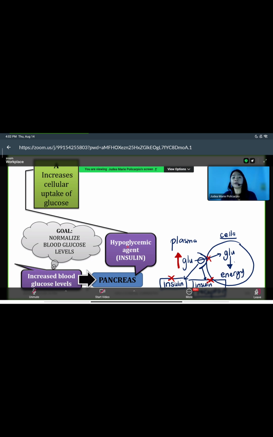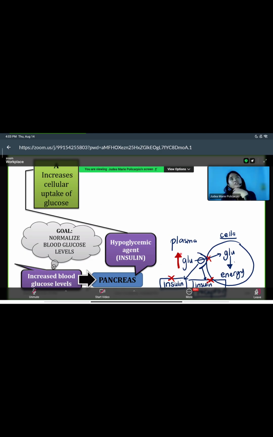Okay? Pero either way, yan pala yung unang action ng insulin, no? If everything goes well naman, makakapasok naman si glucose sa loob ng cell natin. Okay? Ang nagiging problema lang talaga is minsan pag wala kang insulin or pag defective yung insulin receptor. Okay? Pero yan yung dalawang requirements so that your insulin would be able to do the plan A. Plan A is to increase the cellular uptake of your glucose.